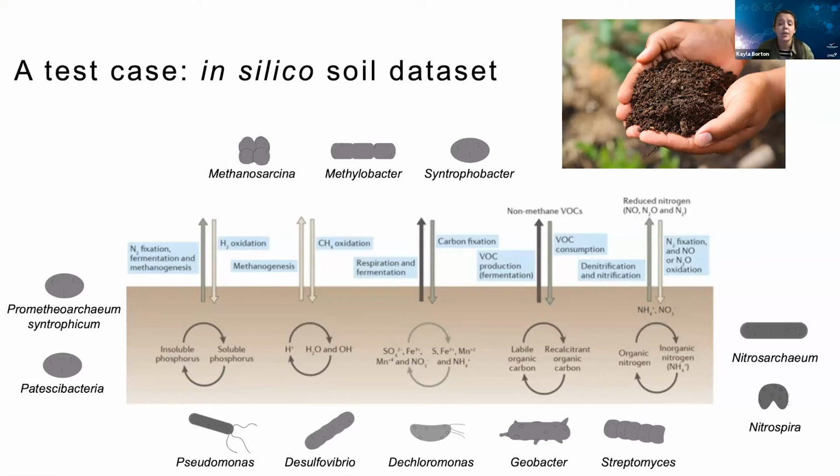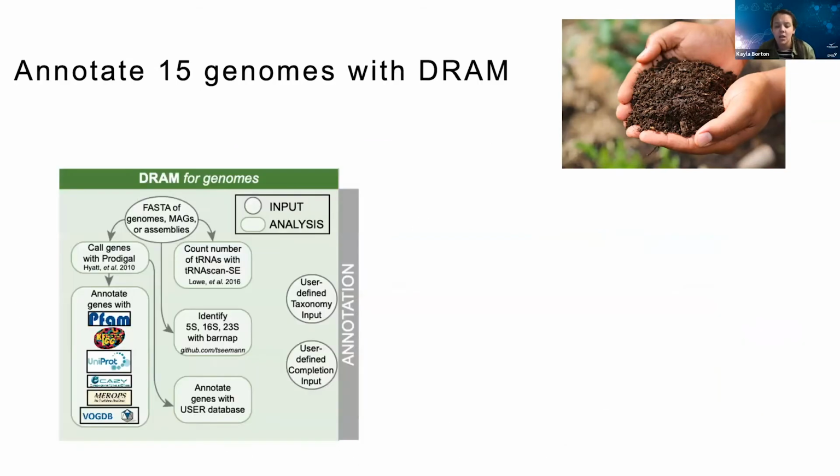For the rest of this lecture, I'll be talking about soil genomes that showcase the breadth of metabolism that DRAM profiles. We'll start with 15 genomes from isolates and metagenomes, and we ran them through the DRAM annotation to obtain annotations for each gene within each genome from the 6 different databases that DRAM profiles.